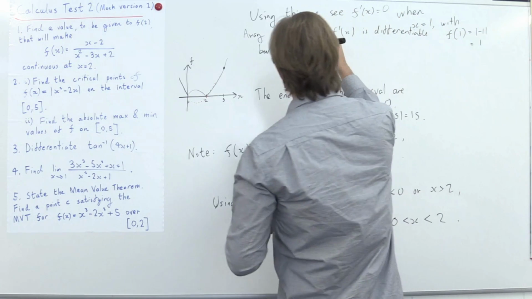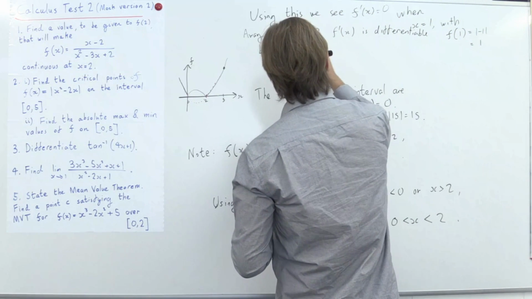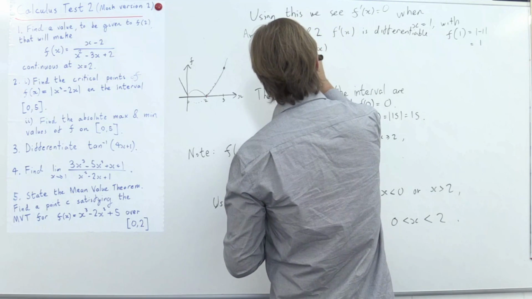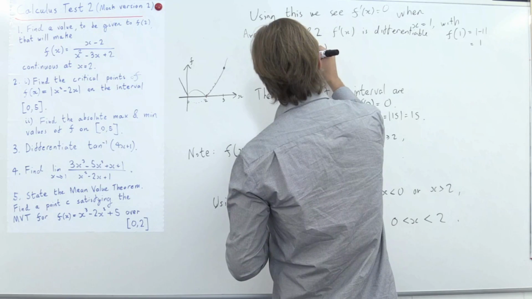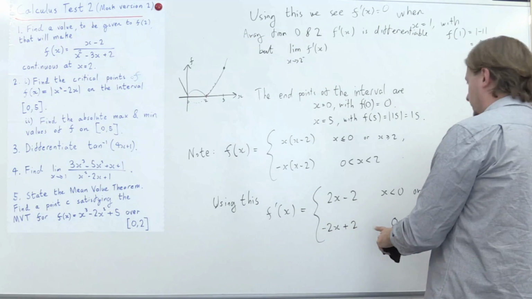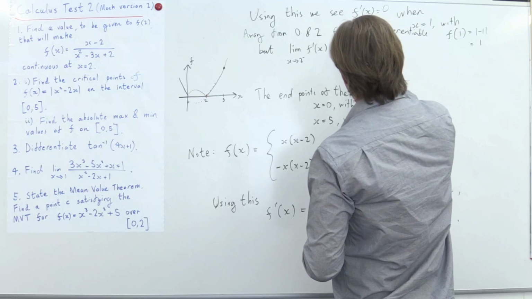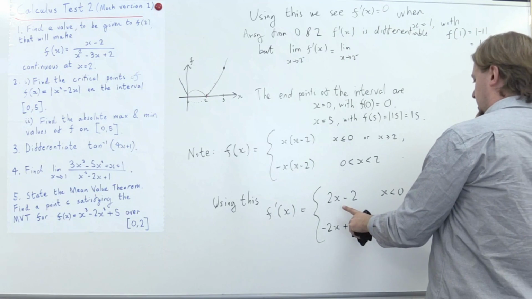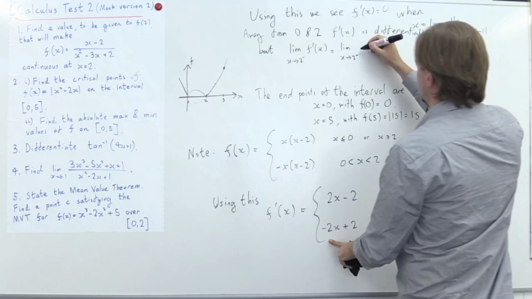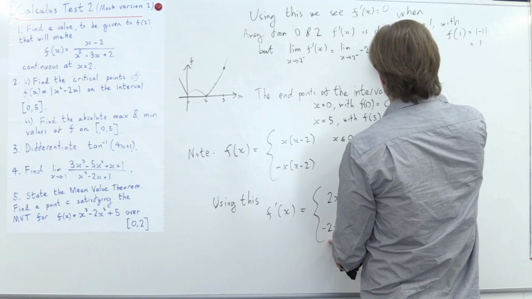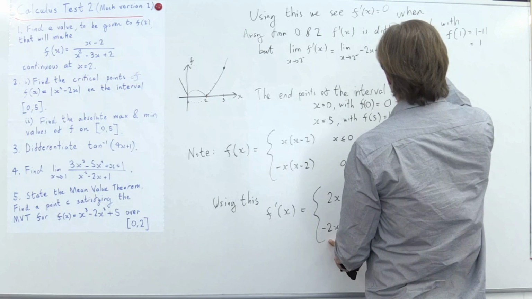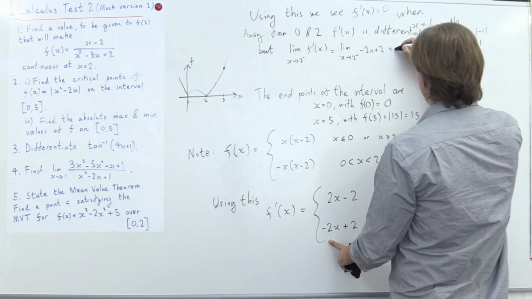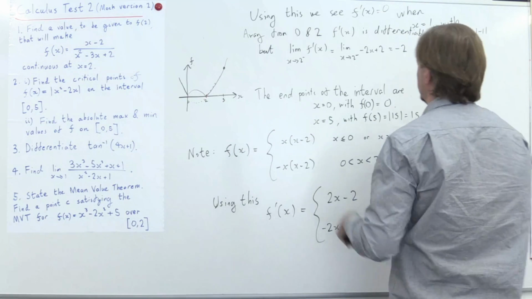Well, if I just look at the limit of the derivative as I approach 2 from below, that will be the limit as x approaches 2 from below of this function, which is minus 2x plus 2, which is minus 2. This has become a minus 4 plus 2, which makes sense given the picture.